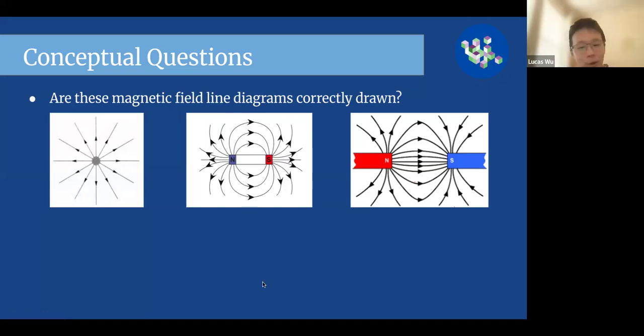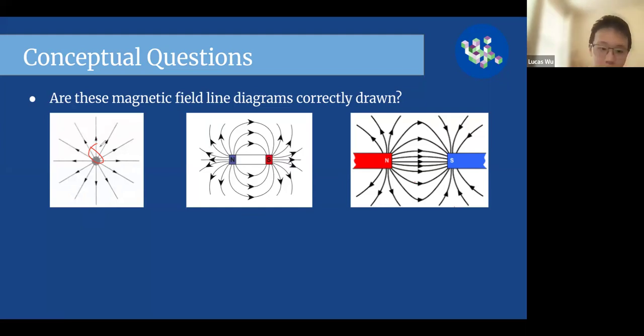All right, so Tony's asking, what does the gray dot in the first diagram mean? And oh shoot, sorry, I just revealed the answers. Well, what does the dot mean? That's actually what makes the first diagram wrong.